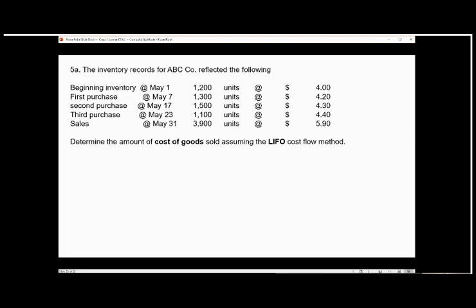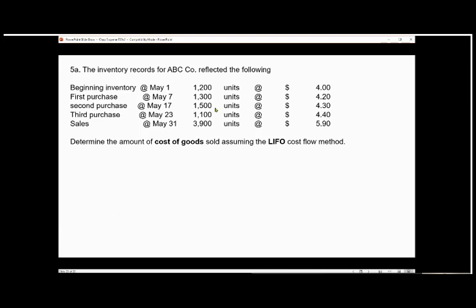Stevie, what do you think? LIFO says the last thing is the first thing we sell. So that's the last thing that came in, 1,100 units right there on May the 23rd. If we sold 3,900 units, how many of these 1,100 did we sell? All of them. We sold all of them.